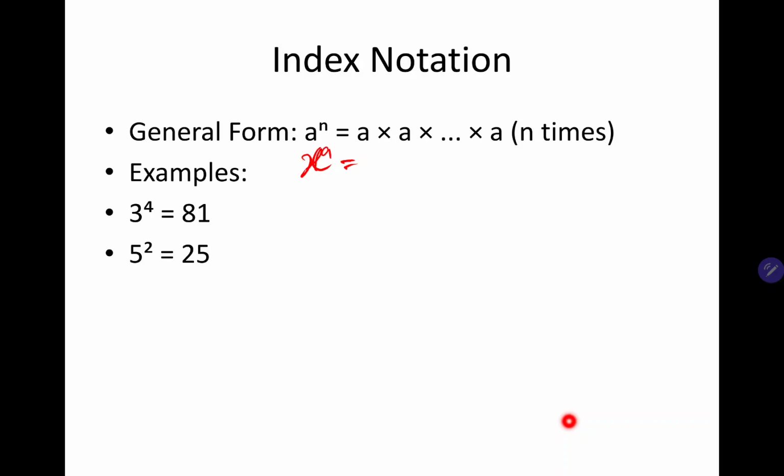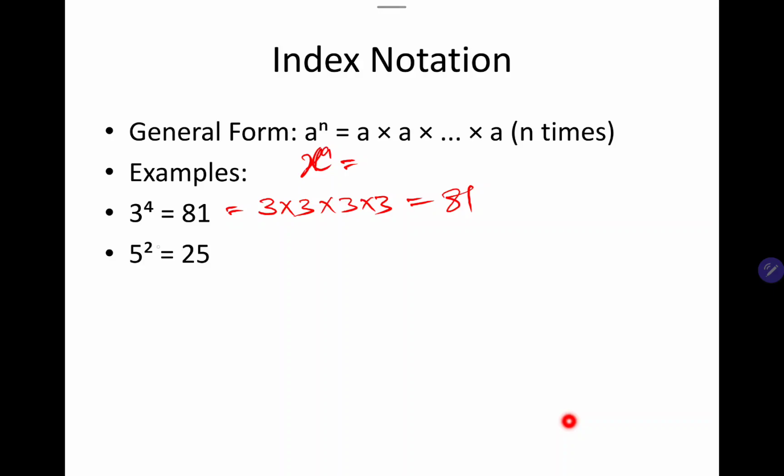In our example here, we have 3 raised to the power 4. This simply means you multiply 3 by itself 4 times, which is the same thing as 3 times 3 times 3 times 3. 3 times 3 is 9, times 3 is 27, times 3, 81.